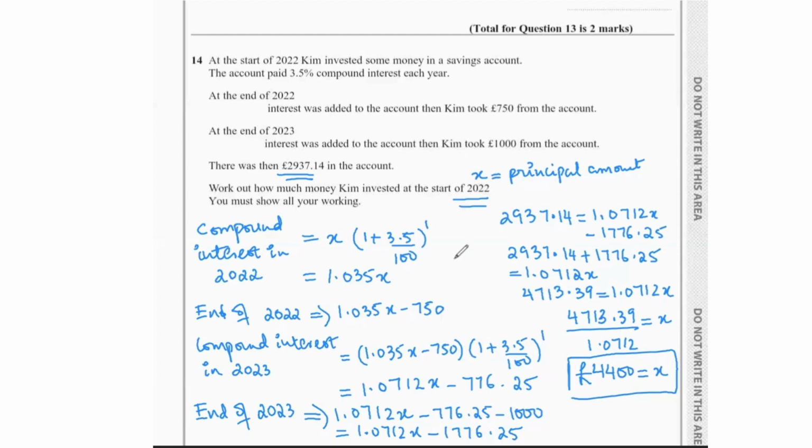And after doing all of that, if you reach the value that is given, that should be at the end of 2023, then your answer is correct. But if your value doesn't match, then you probably made a mistake and need to redo the entire thing. So this is a trick that you can use to easily check your answer for these type of questions. Just reverse the question, use your answer, and do everything again. And if it works, you're good to go.